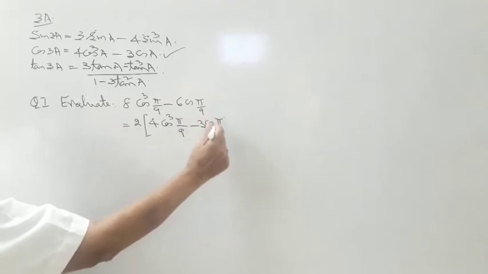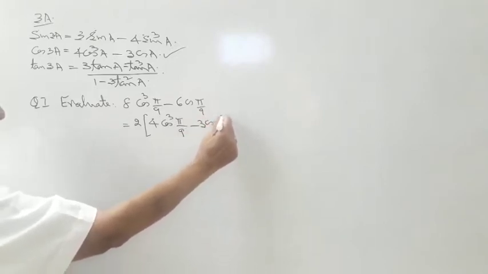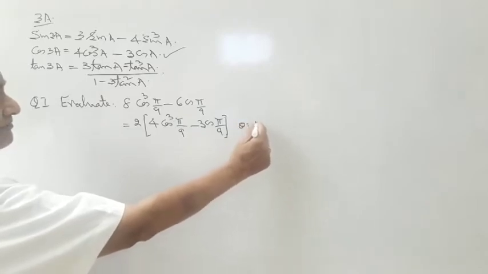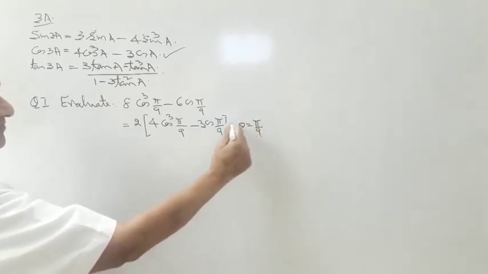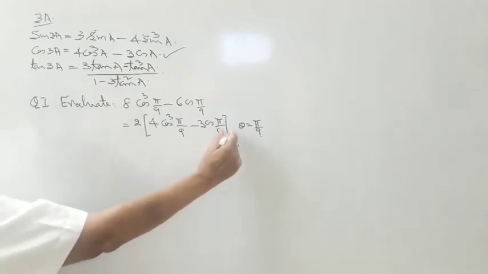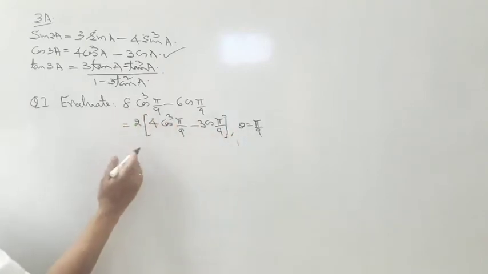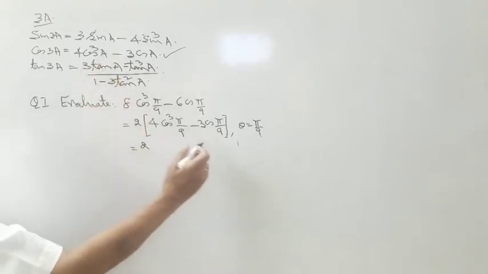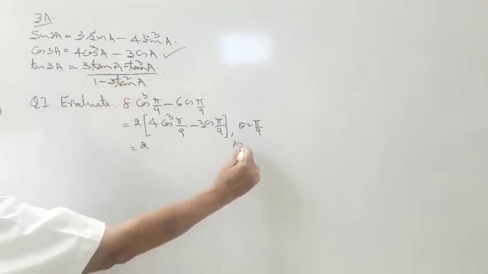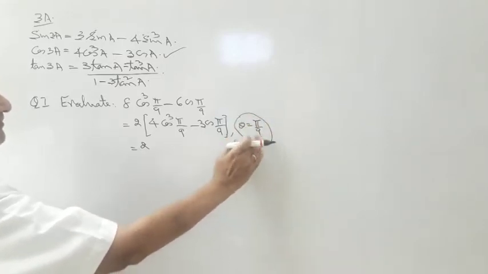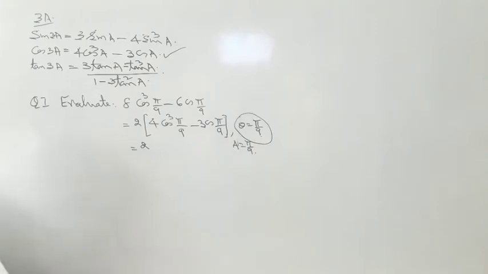Please correct it: pi by 9. So now here theta is just equal to pi by 9. I take 2 common. It is 4 cos cube a minus 3 cos a, where a is pi by 9.